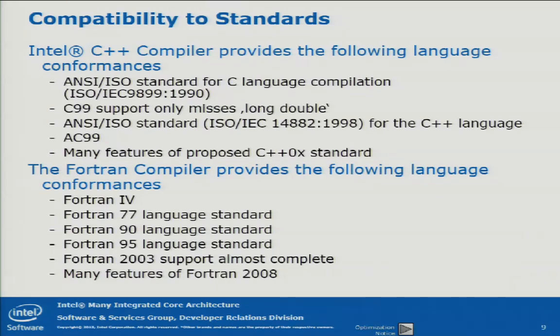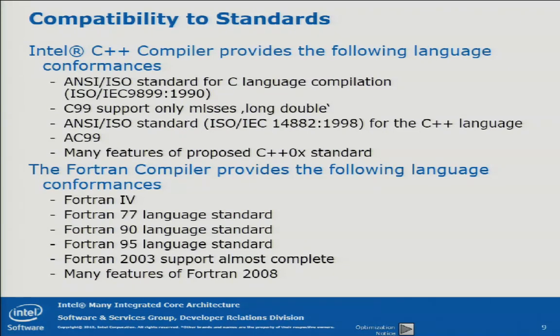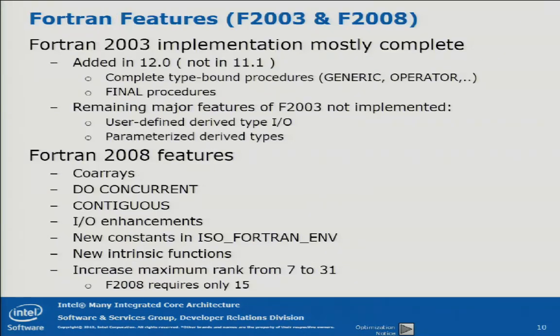And we already support a good share of features of Fortran 2008. We are still working on it. And it's kind of embarrassing that 10 years after Fortran 2003 has been released, there is only 2 compilers out there, I believe, that fully support it. Cray is one of the compilers, and IBM, I think. We are lacking 2 features, so we're working on it. Let's put it this way.